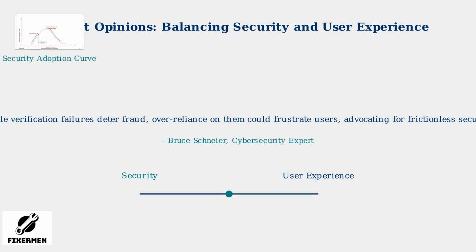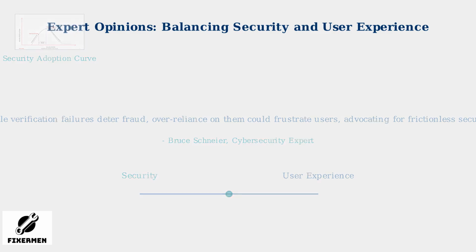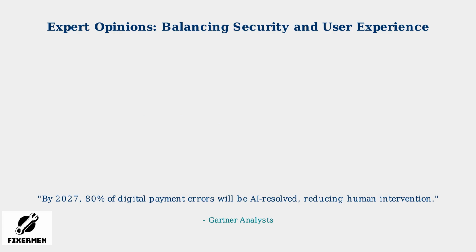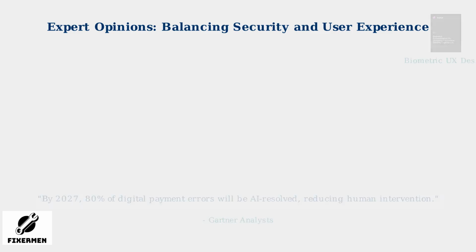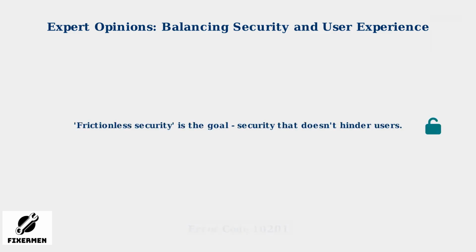This creates a delicate balance between security controls and user adoption, as shown in security adoption curves. Gartner analysts predict that by 2027, artificial intelligence will resolve 80% of these errors automatically. Biometric authentication designs aim to make security seamless, reducing friction in user experiences. Ultimately, the goal is frictionless security, protecting users without disrupting their experience.